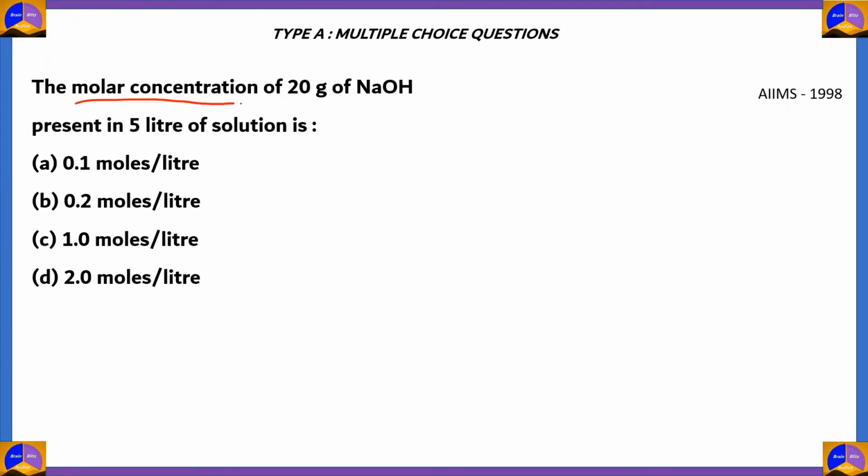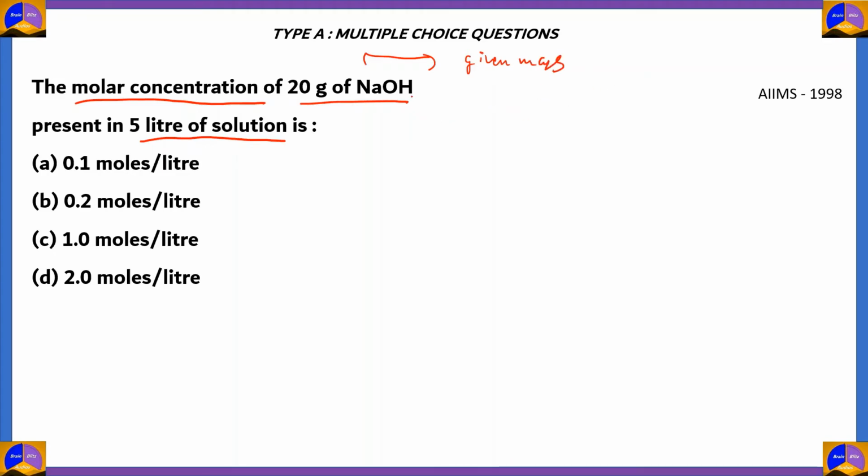The molar concentration of 20 grams of NaOH present in 5 liters of solution is 0.1, 0.2, 1, or 2 moles per liter. So let's look at the question first. 20 grams of NaOH is the given mass.